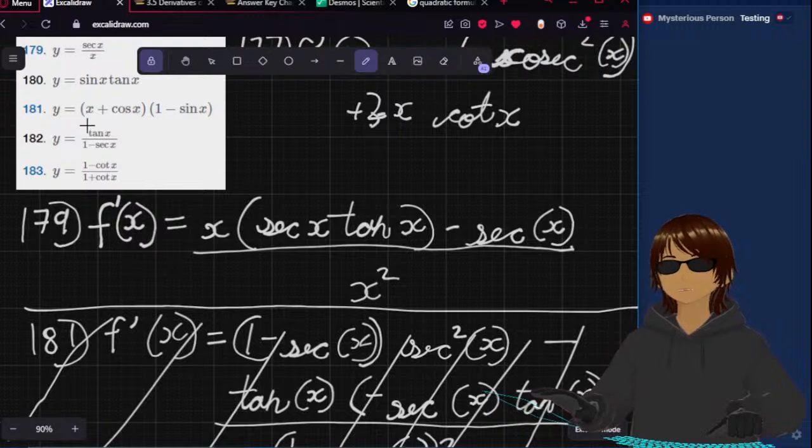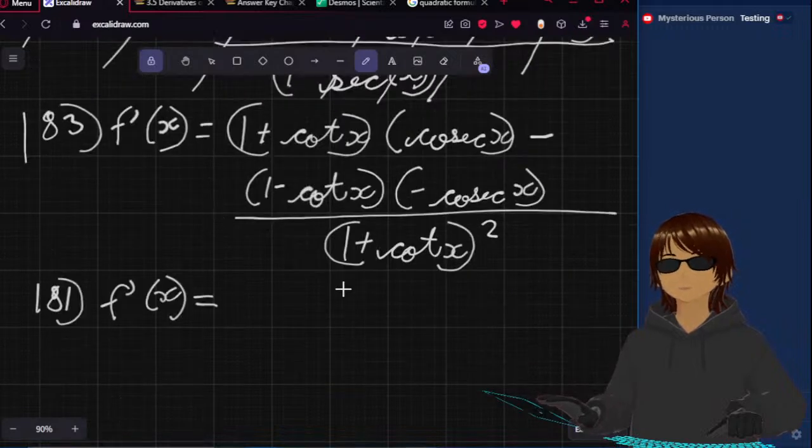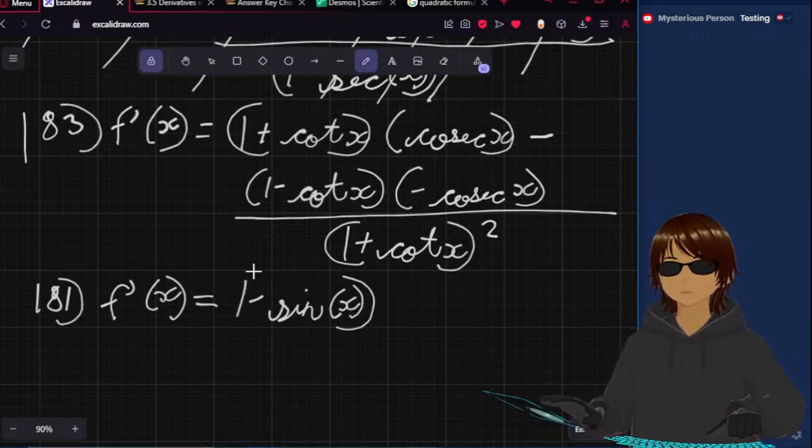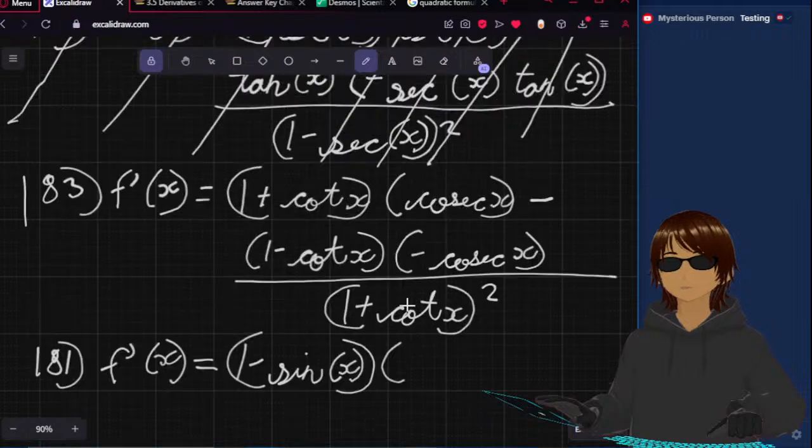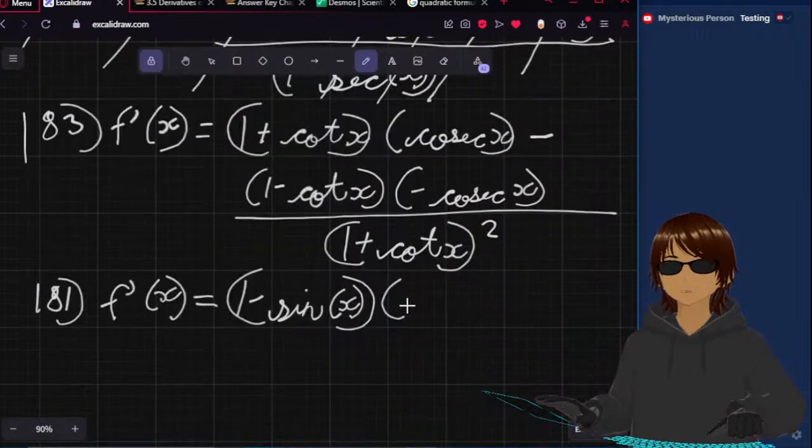Derivative of the first. So 1 minus sine x times the second, 1 minus sine x again. So the squared.